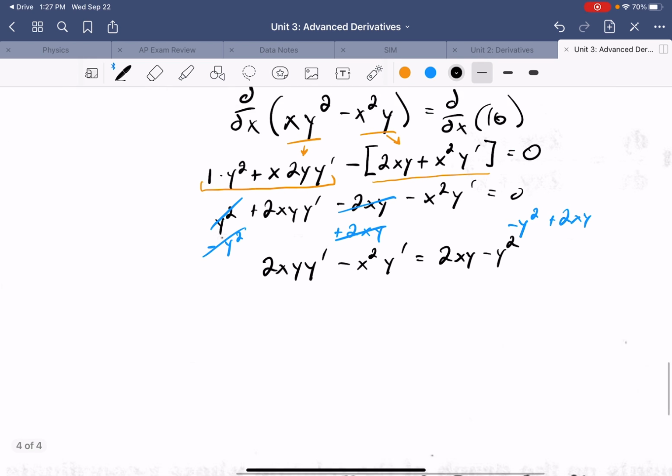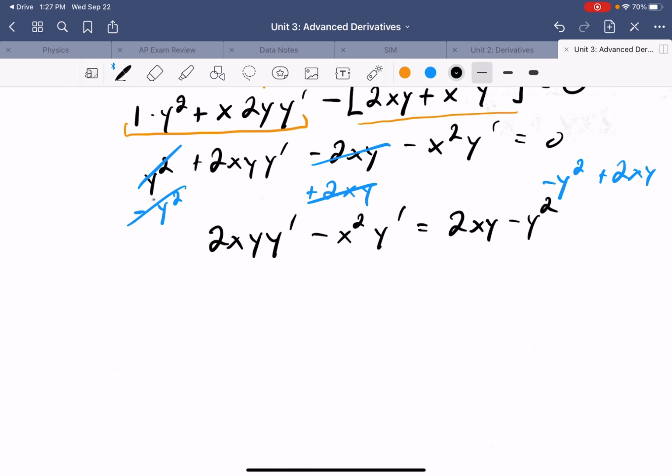Now we can factor y prime out of both of these on the left. So there's a y prime here, and there's a y prime there. So let's factor that out. 2xy is left on the left, and then negative x squared is left there. And that equals 2xy minus y squared. So now we can just divide both sides by this parentheses.